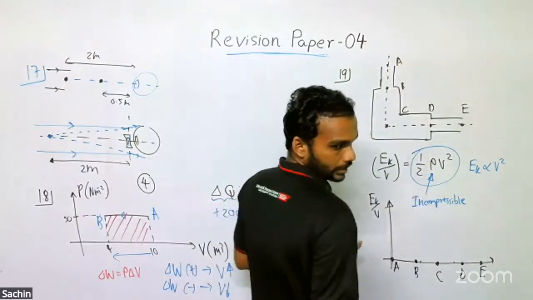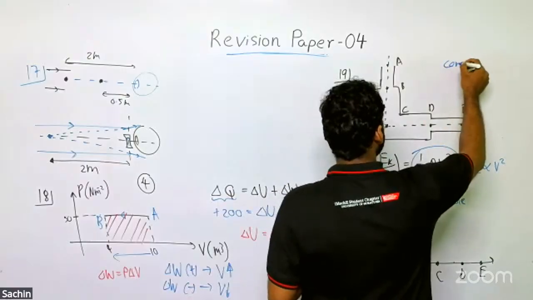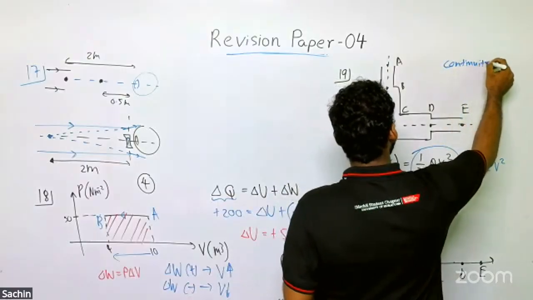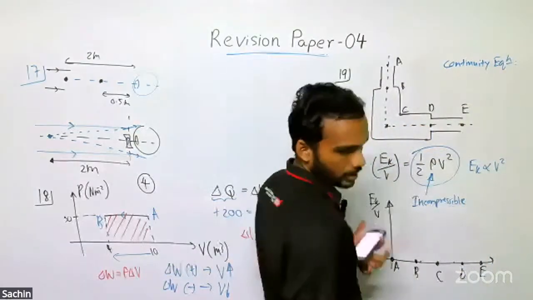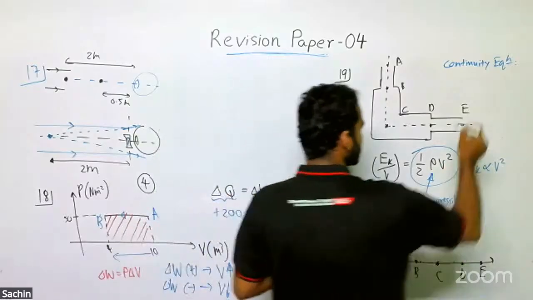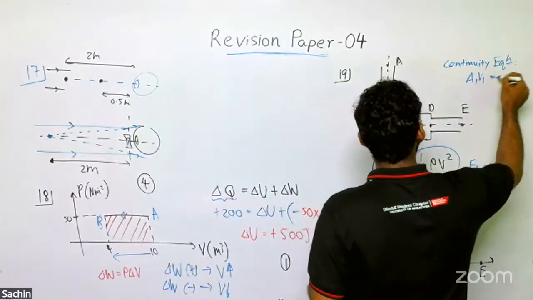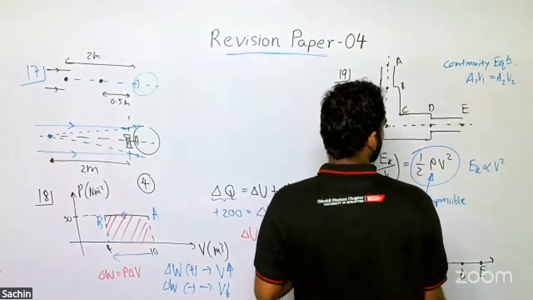when the cross sections are given, we can compare the velocity just by using the continuity equation. We don't need to go for any other equation. If you are provided with the cross sections, you always compare the velocity using the continuity equation. That is, A1 V1 is equal to A2 V2. This is how you compare the velocity.